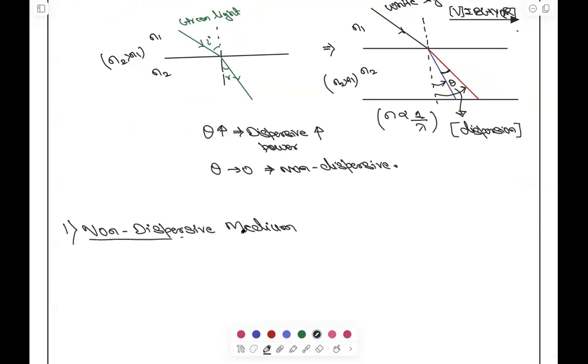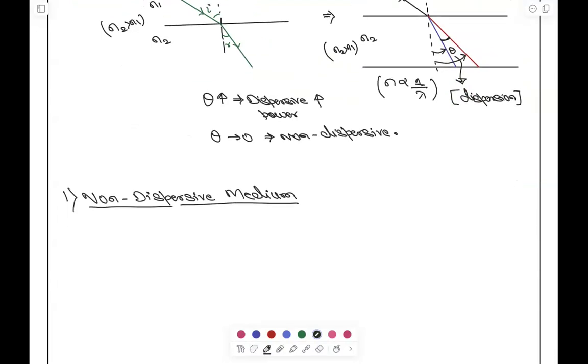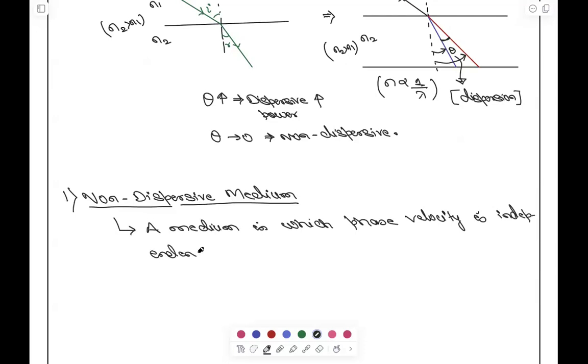If I have to write what my non-dispersive medium is: a medium in which phase velocity is independent of omega or k.